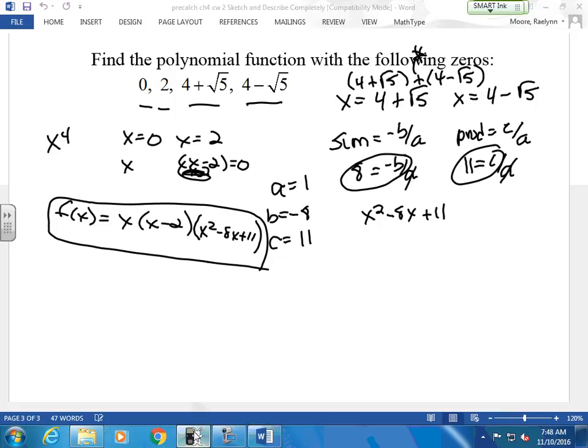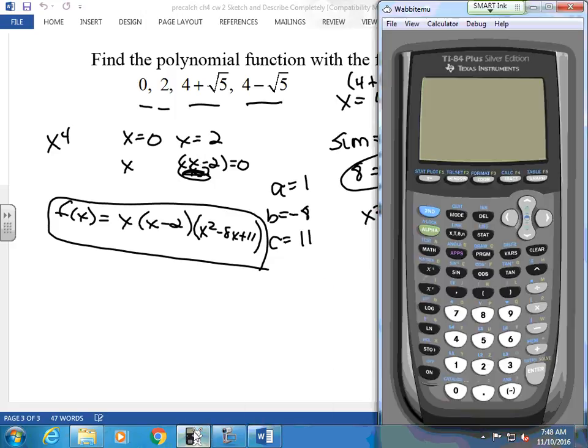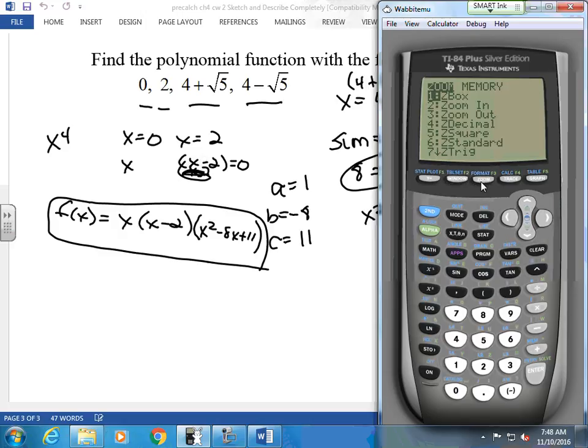This is what I was trying to explain to you before. If you go to your calculator, I'm going to put these all in, x, just like you read it, times, okay, I'm just going to go back and do a zoom 6 so we get to a normal graph.